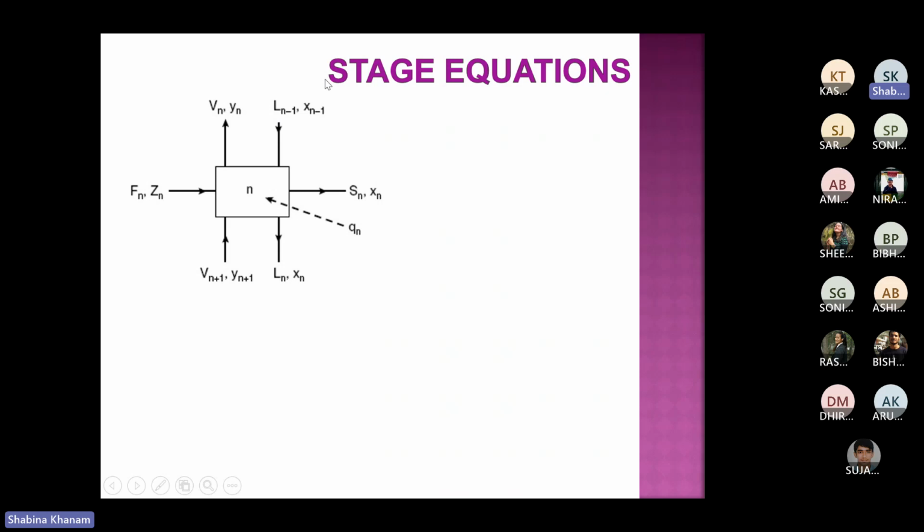So when I'm considering this particular schematic, all possibilities are covered: entering the feed, exiting the product, inlet and outlet streams, and heat requirement also. All combinations you can find over here.